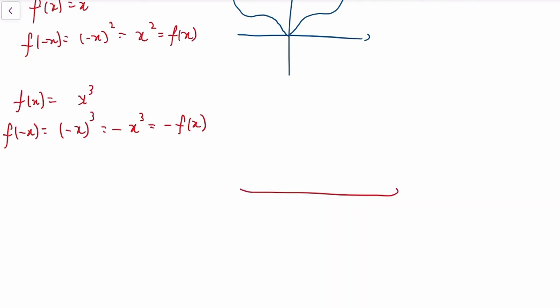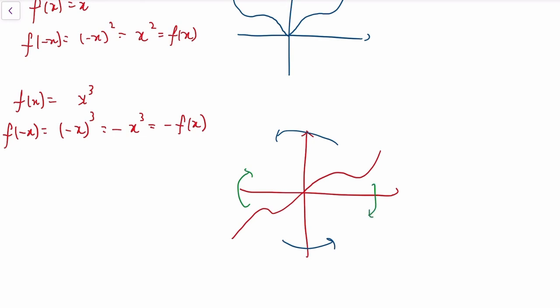So the graph of an odd function looks something like this. Whatever happened on the top right corner would happen at the bottom left. Therefore, when you flip along the y-axis, you get the same result as if you flip along the x-axis. So you may want to try to actually flip this a bit so you can see this.